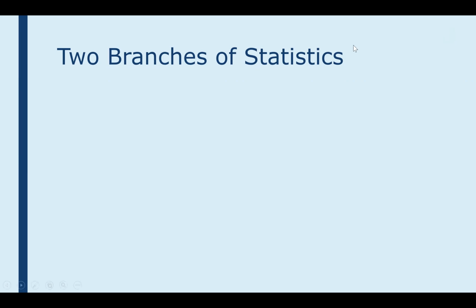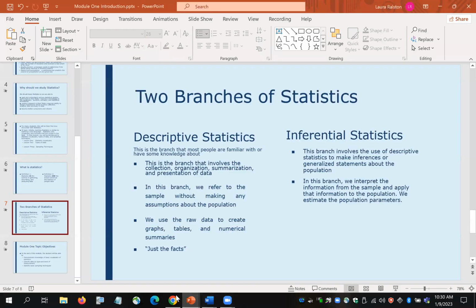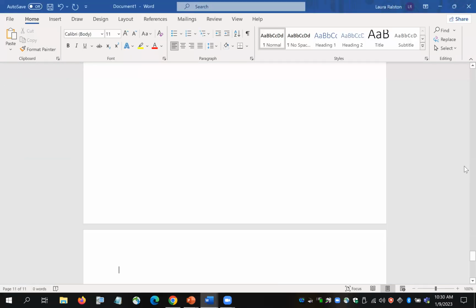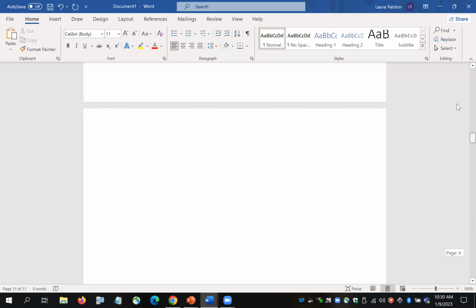I want to go to a piece of paper and draw a picture for you, because I want you to see this connection. So I'm going to go out and draw a picture.